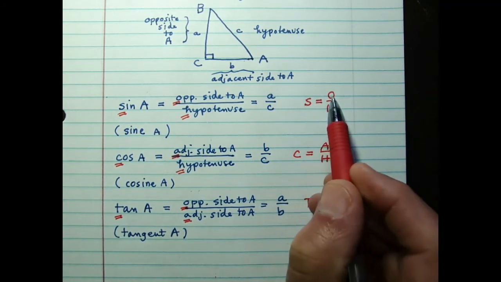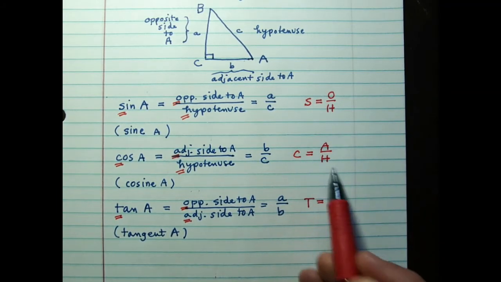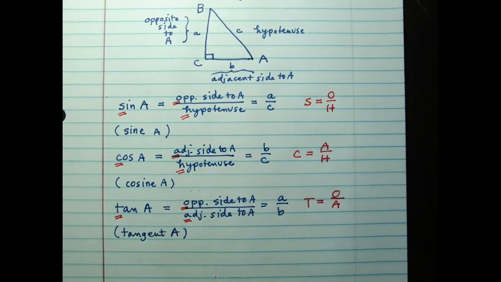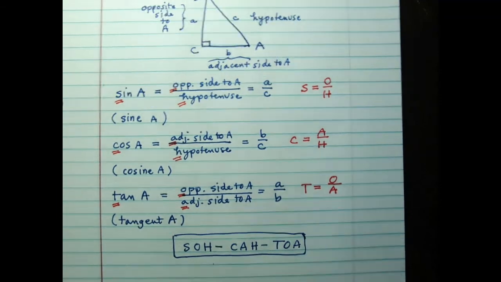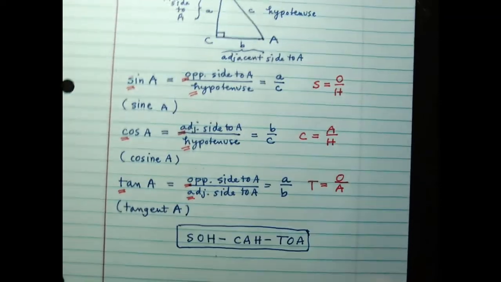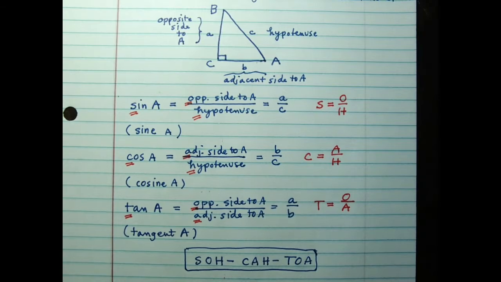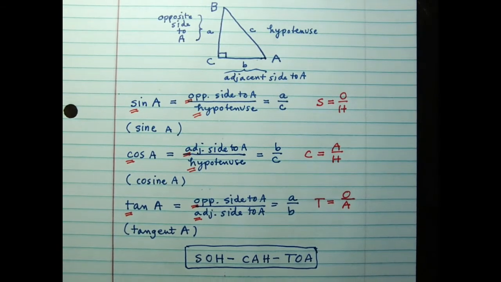So these letters S, O, H, C, A, H, T, O, A, we usually just write in a row. S, O, H, C, A, H, T, O, A is what I call Sohcahtoa. And if you can remember Sohcahtoa, you should be able to keep straight the definition of sine A, cosine A, and tangent A. Okay?